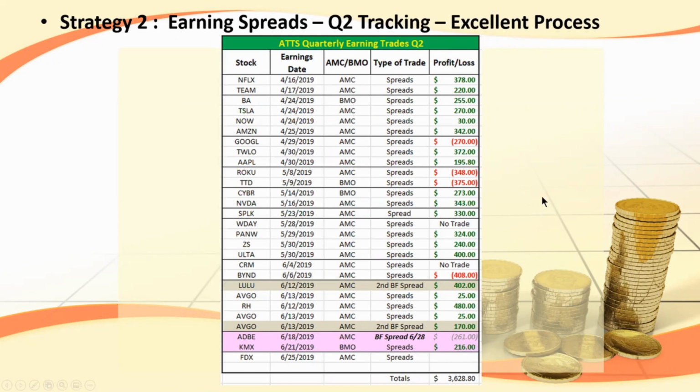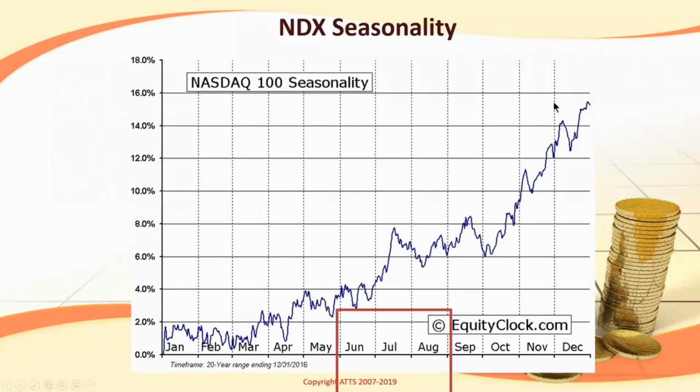We average about $145 to $150 per trade in profits. And they just recur. Quarter after quarter after quarter, we can set up this particular spread for those of you who like to trade some options.